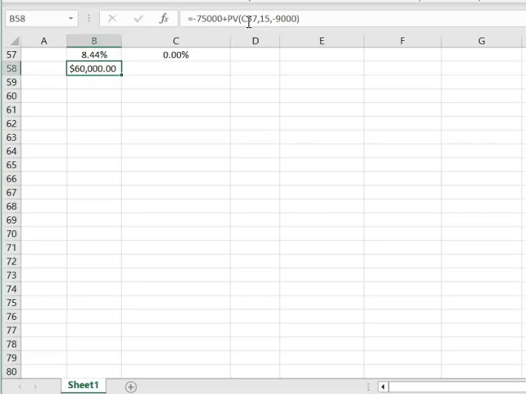Also, I want to show you how to do it with the other way so you don't overcomplicate it. About the other one, here I have put the trial and error rate of return that we are going to work on. Here it says if the interest rate is 0, the present value is $60,000. Of course, we don't want this value, we want it to be 0.